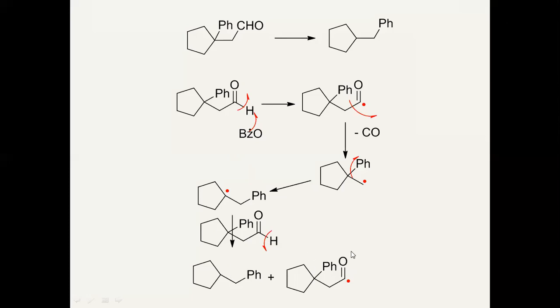This radical undergoes this mechanism and it will form like this and it continues. If this is using BzOH, it will take H and generate the BzO radical that will attack the next molecule, and this way it continues.